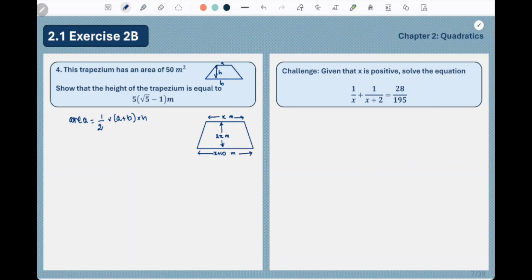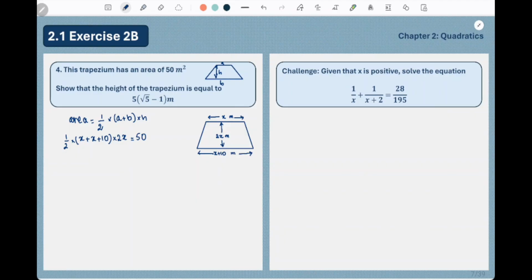So let's just substitute this information here. The area is 50. I'm going to write it on the other side because it's better that way. And then 1 over 2 times (x plus 10), times the height, which is 2x.